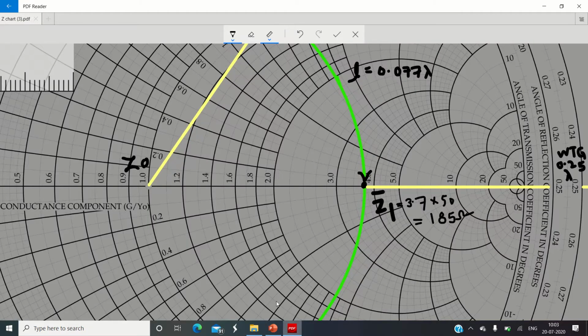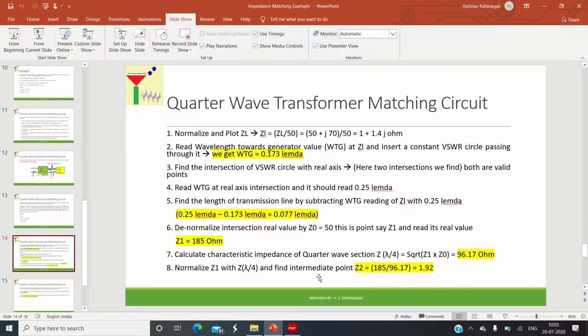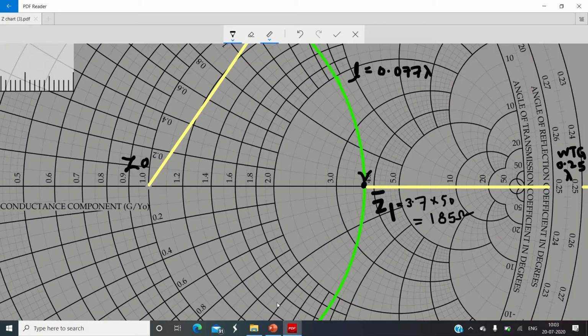So come to the Smith chart. 185 divided by 96, approximately we get a value of 1.92. Look at this point. Where is 1.92? It is somewhere here on the real axis between 1.8 and 2. So it is 1.9, and somewhere here, I will choose the black color again, is the Z2 point.